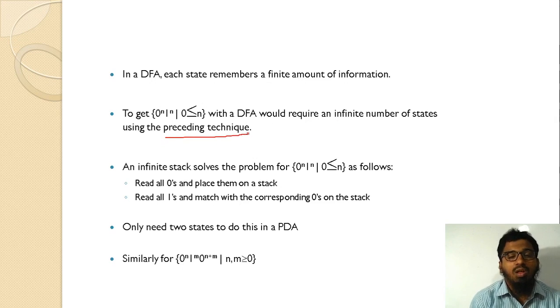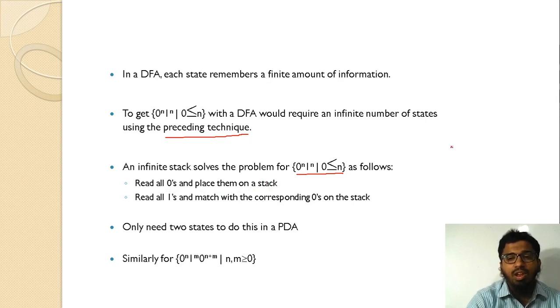We need to use the preceding technique to solve it in a DFA. Next, an infinite stack solves the problem as follows: read all zeros and place them on the stack.